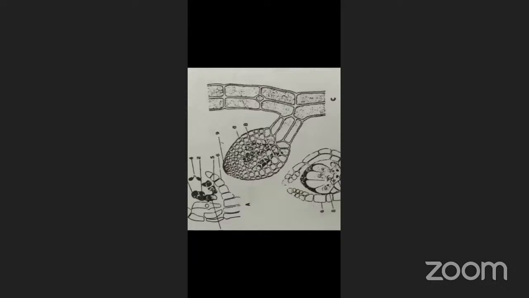Inside the carpogonial cells, some supporting cells and filament-like cells are formed; that is the carpogonial filament.